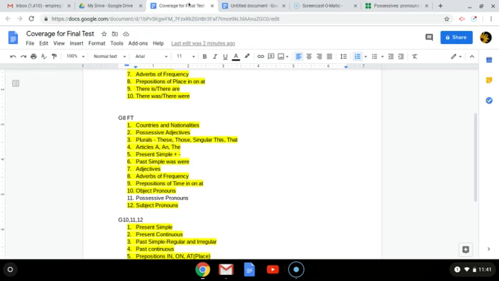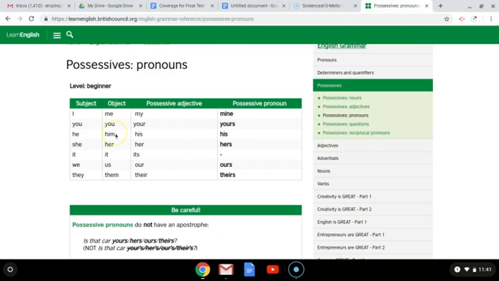The possessive adjective was discussed before, but if you want additional review for possessive adjectives, you can also use this chart for that. So I becomes me as an object pronoun. It becomes my for possessive adjective, and it becomes mine for possessive pronoun.